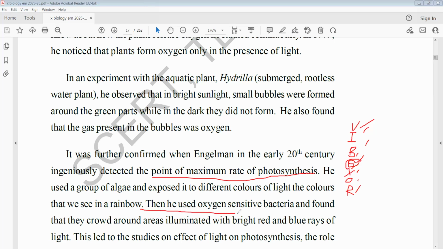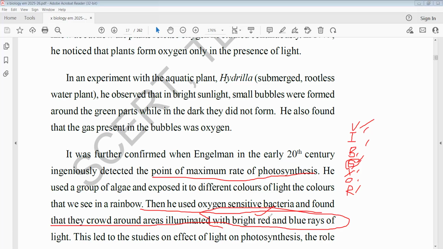He used oxygen sensitive bacteria and found that they crowd around areas lit with bright red and blue rays. This is what I just explained. A higher rate of photosynthesis occurs in red and blue rays. Why? Because green light is reflected by the plant, and the remaining light rays are absorbed.